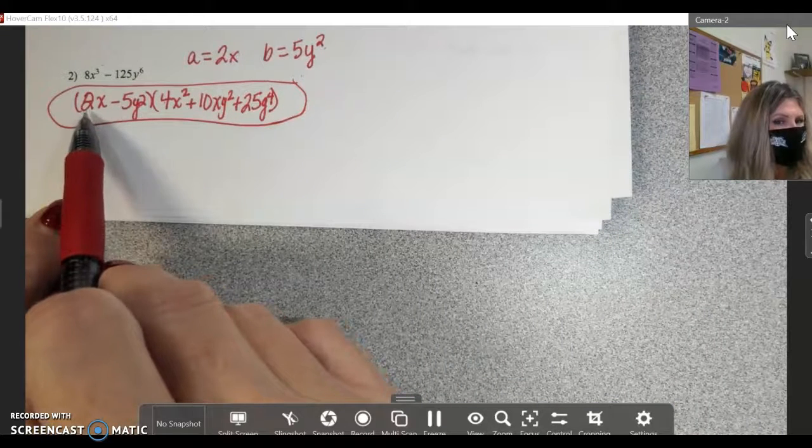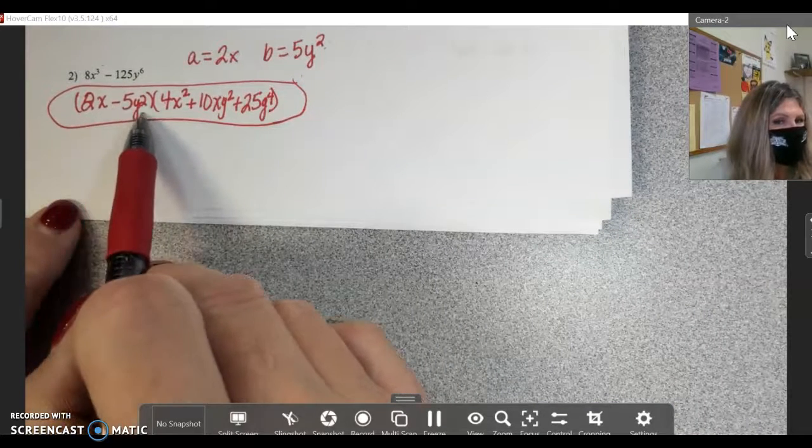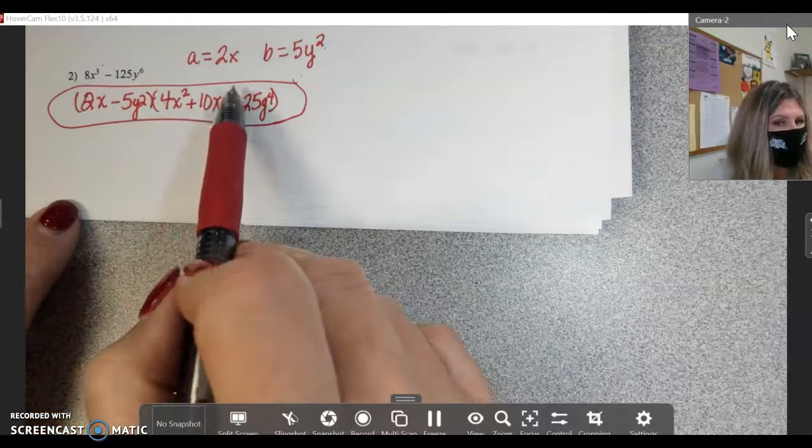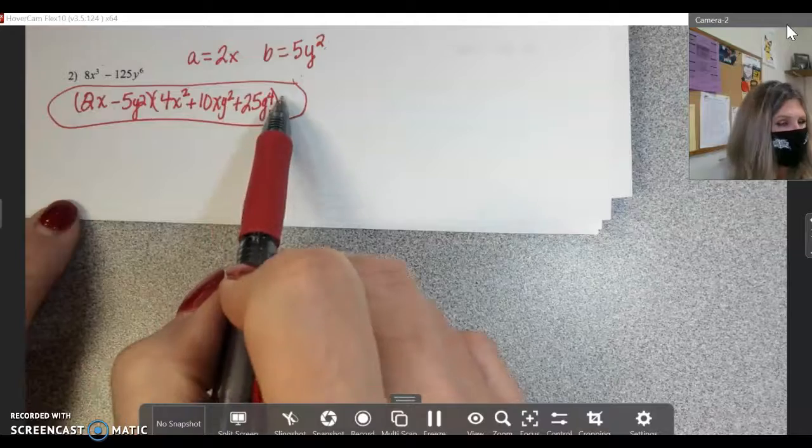Look up here and see if you got it right. 2x minus 5y squared times 4x squared plus 10xy squared plus 25y to the 4th.